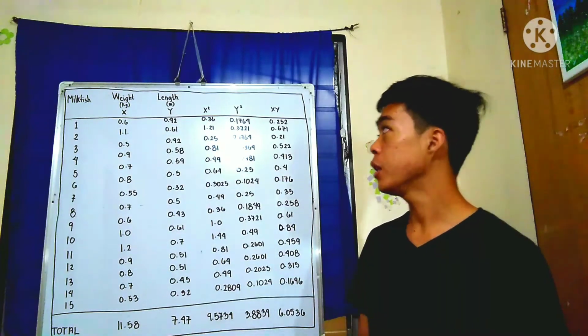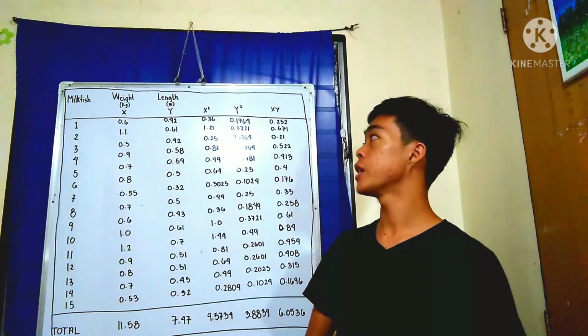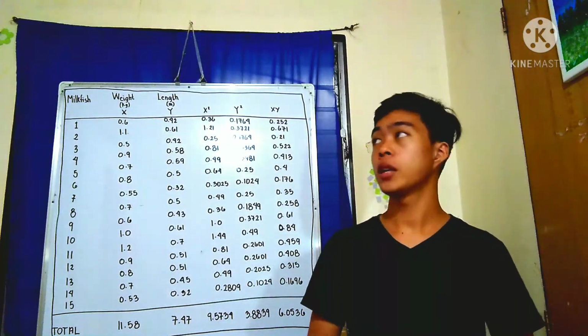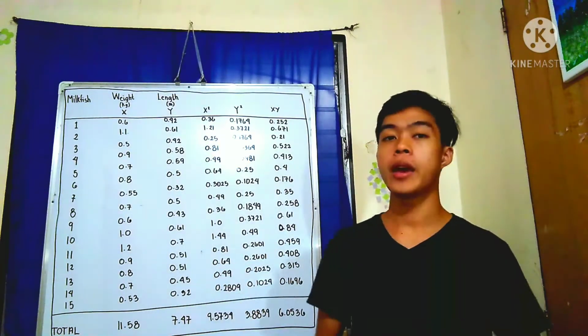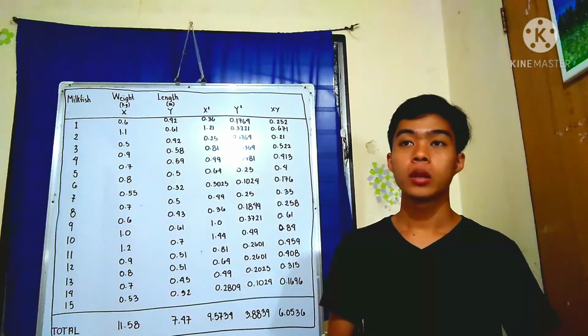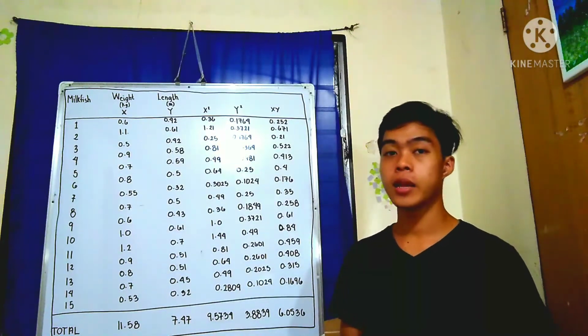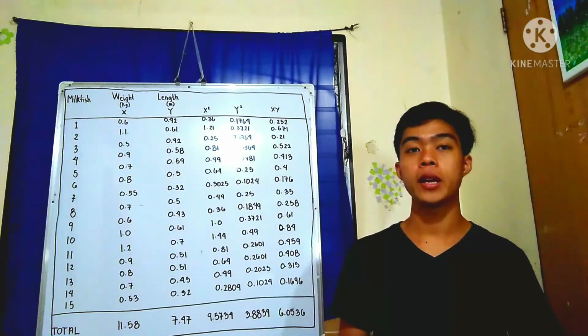As you can see, there are 15 cases of milkfish, and they have different weight and length. The weight serves as our x, and the length serves as our y.